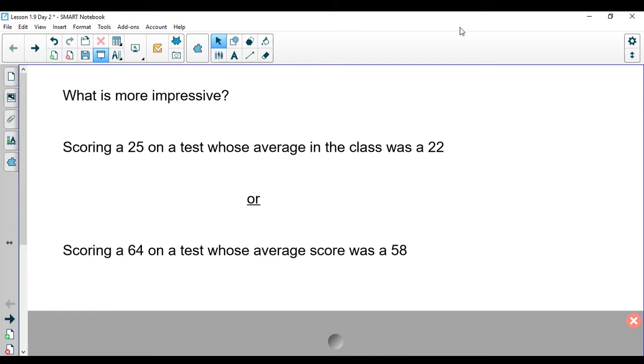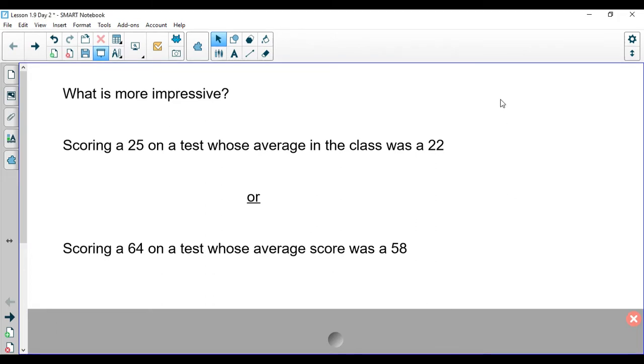If I asked you, what's more impressive: scoring a 25 on a test when the class average was a 22, or scoring a 64 on a test when the average score was a 58? Which one would you deem to be more impressive?